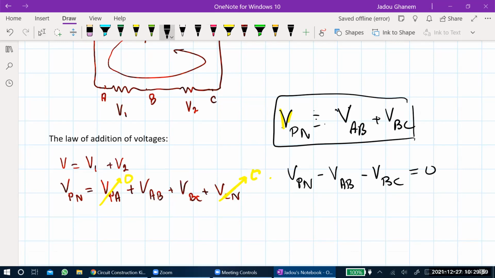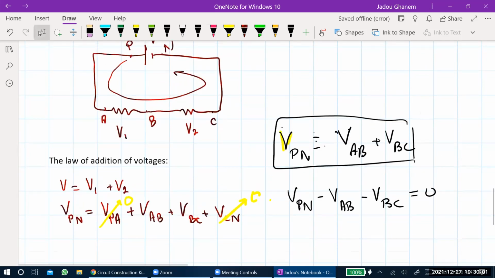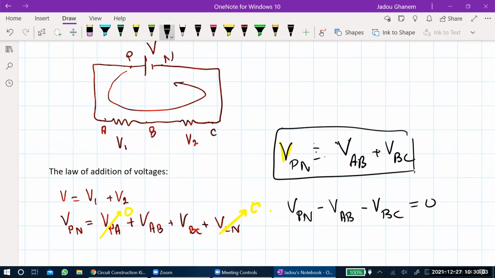If we just place the names in an exchanged form, it will change from negative to positive. Let me write the note here. So if I write VAB, it's the negative of VBA. Is that clear?